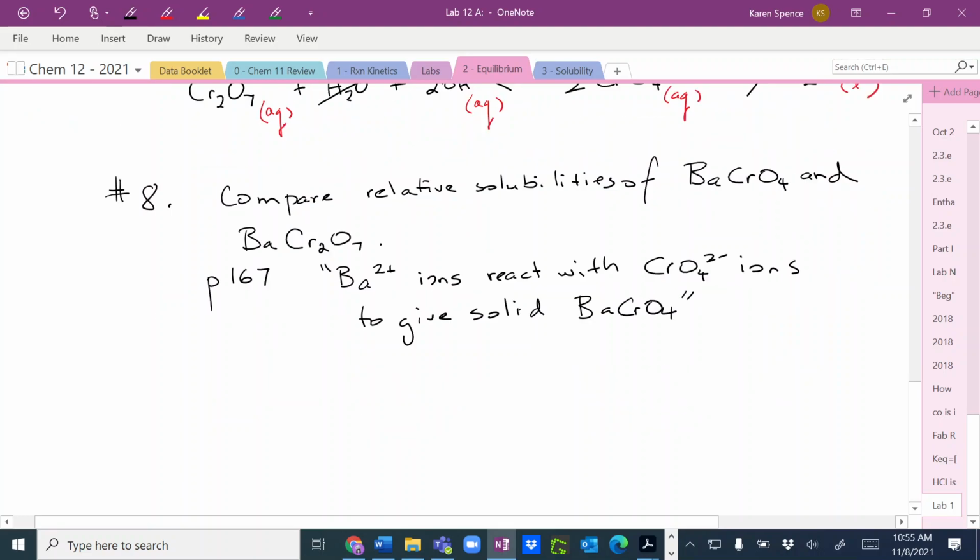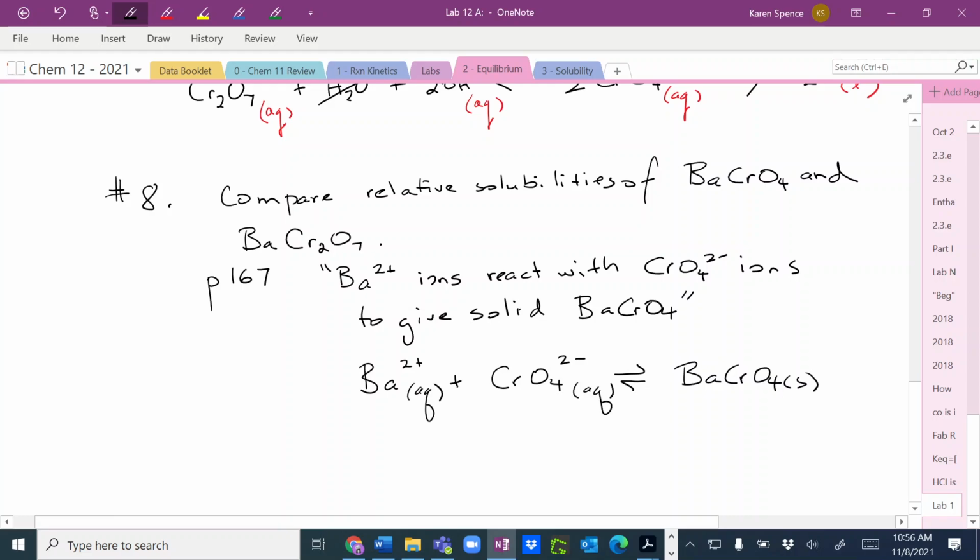And then it shows us the reaction Ba2 plus plus CrO4 2 minus in equilibrium with BaCrO4 solid.